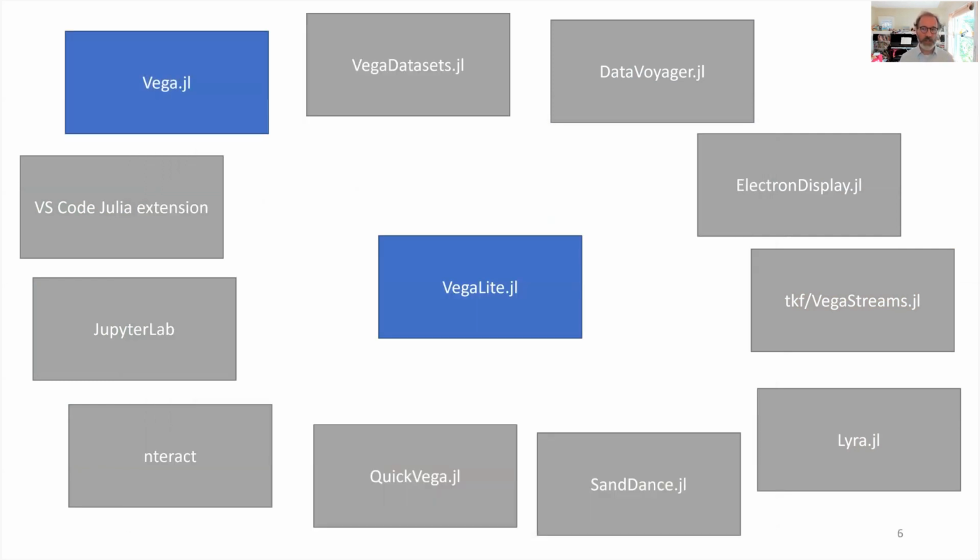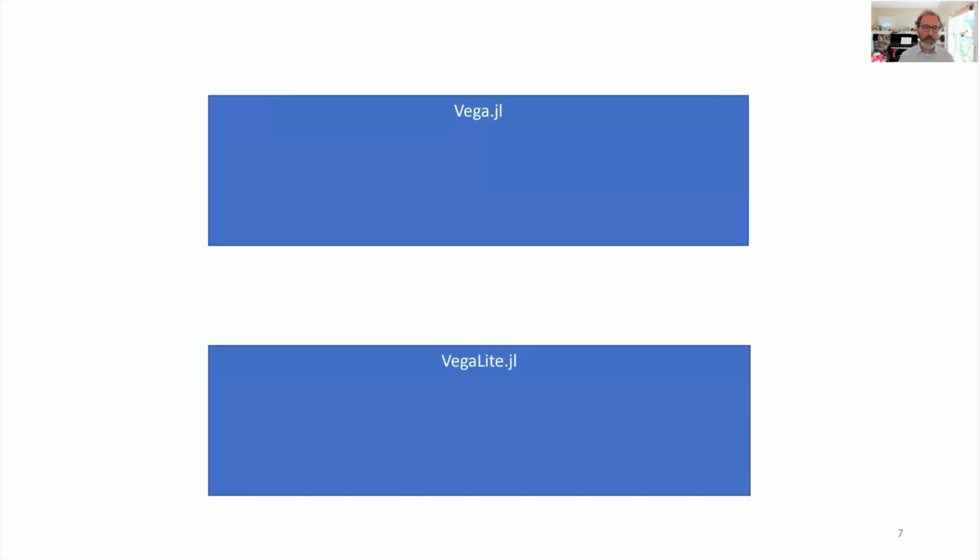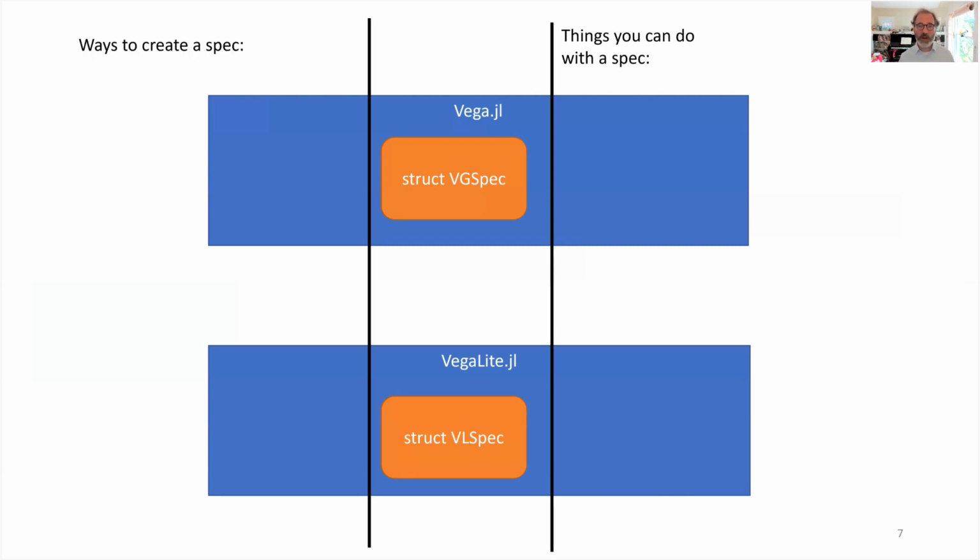The core packages in this ecosystem are really Vega-Lite.jl and Vega.jl. And these packages contain structures that hold one particular plot, the VL spec and VG spec structure. And then there are various ways to create such specifications of plots, and then there are things you can do with these plots.